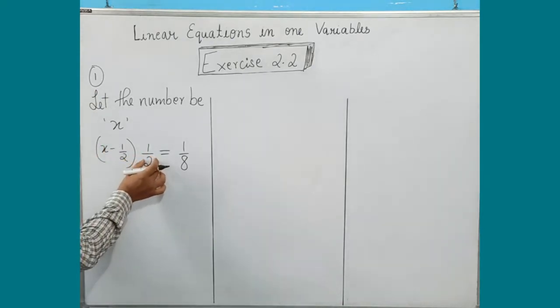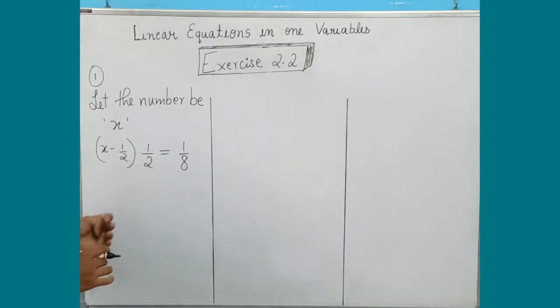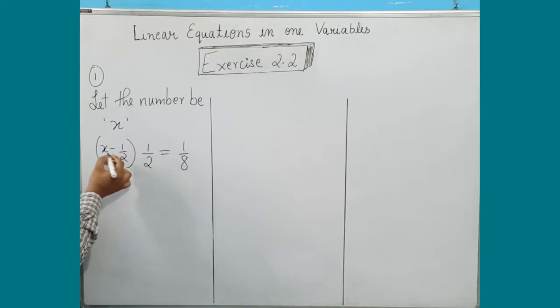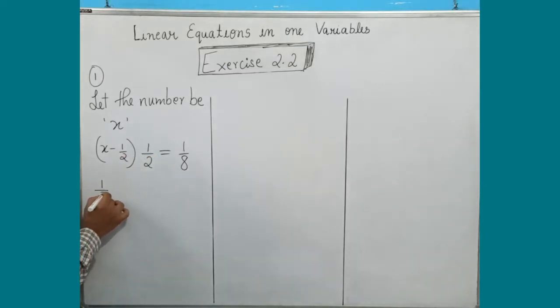So now let us multiply 1/2 with both the terms by opening the bracket, which you know already. 1/2 into x, I can write this as x/2.